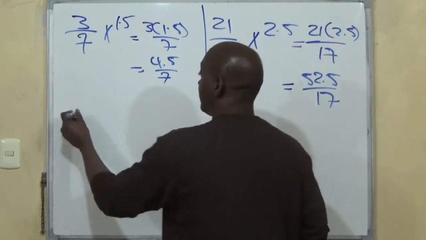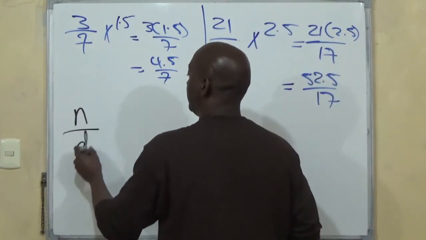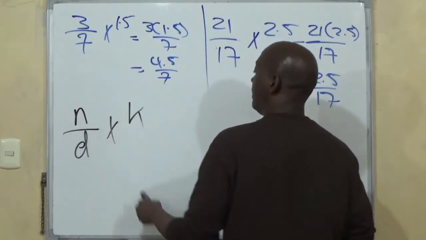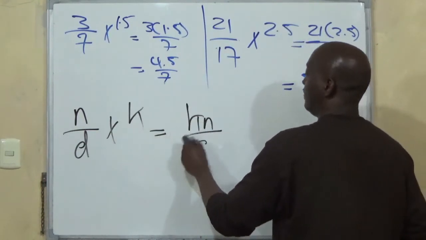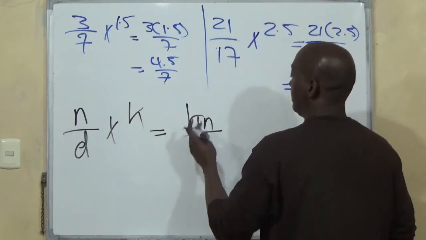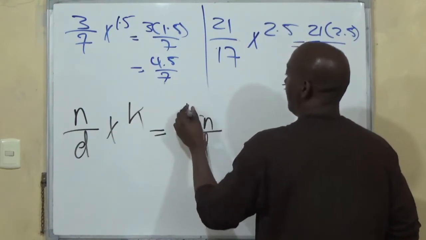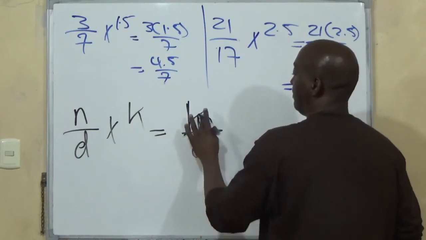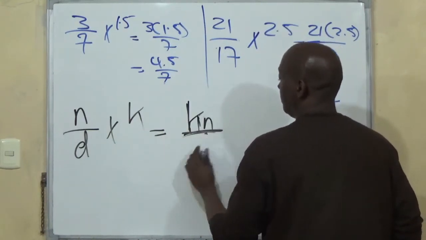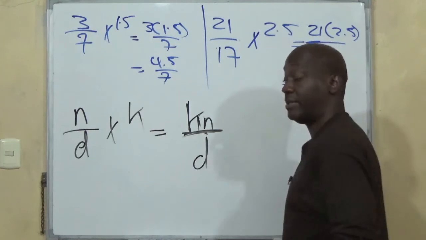So you multiply a fraction, n over d, by k. You just simply get kn over d. Alright? I personally prefer to write the k in front of the n, but if you prefer to write the n in front of the k, it doesn't make a difference.